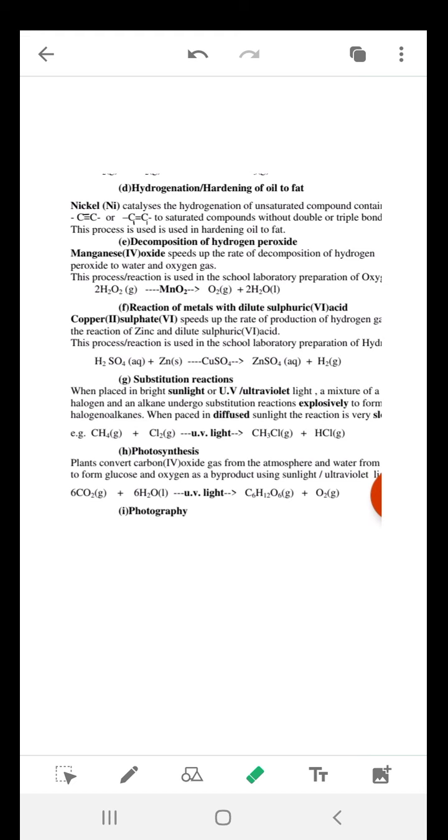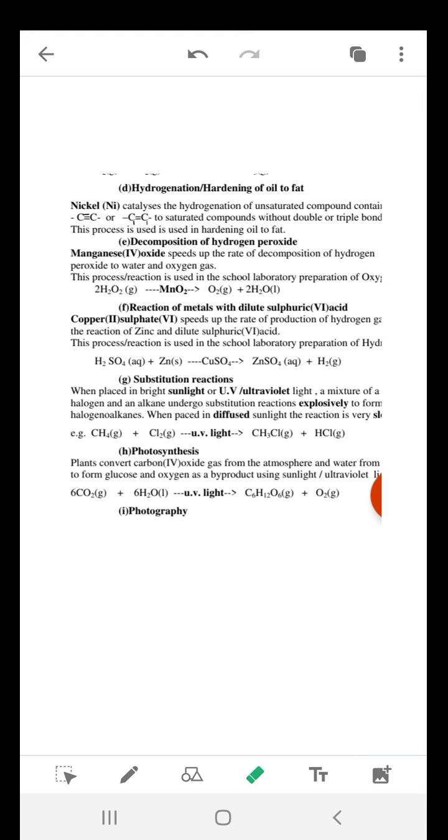Your biology teacher told you that this process cannot take place if sunlight is not there. So in absence of sunlight, no photosynthesis. But in the whole process it is only carbon(IV) oxide and water that are being converted to glucose and oxygen, which are the final products of photosynthesis.